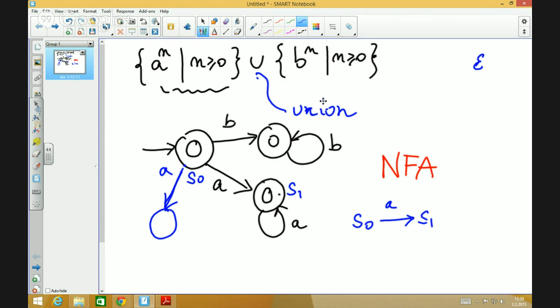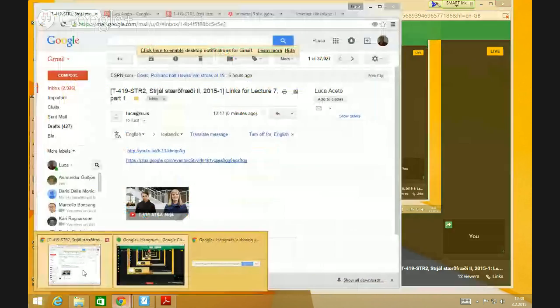Okay, so the question is, can I do an example on the Automata Tutor for NFAs? The answer is yes, if I could get access to the Automata Tutor.